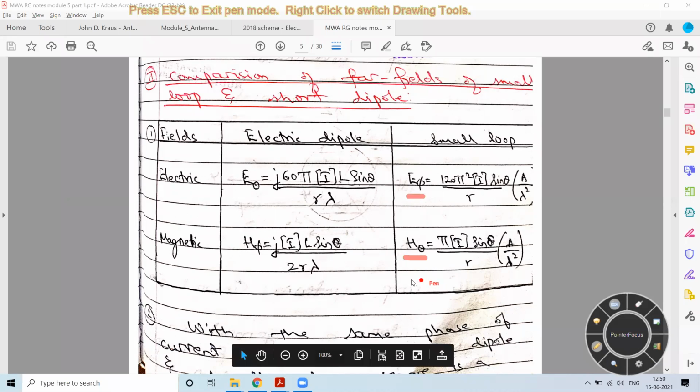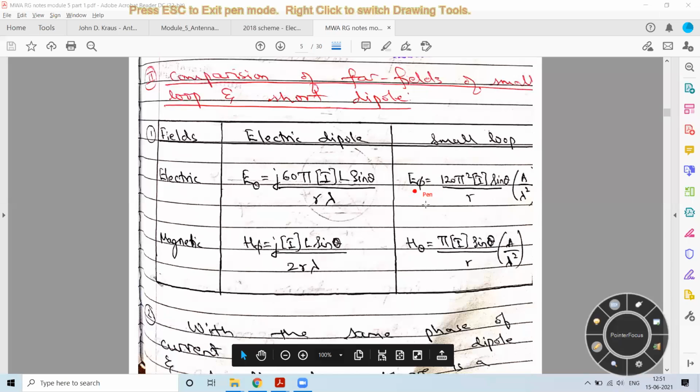So what does this imply? It implies that the other parameters, that is the radial component of the electric field, the theta component of the electric field, the radial component of the magnetic field, and the phi component of the magnetic field, are all zero. We have only these two components present.